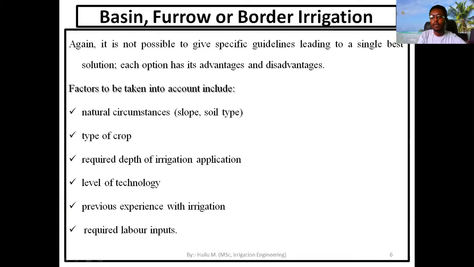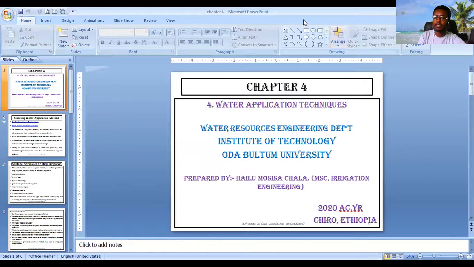So we have to follow the factors to be taken into account. Among those factors, the natural circumstances, the type of crop, the required depth of irrigation application, the level of technology, previous experience with irrigation, and required labor inputs are the main factors that should be considered in choosing irrigation application techniques.